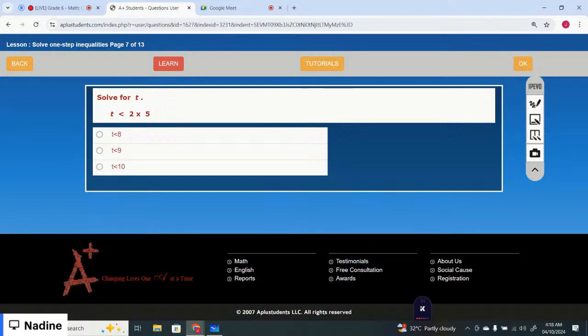Okay, the next one is solve for T. T is less than 2 times 5. So which is the correct option?